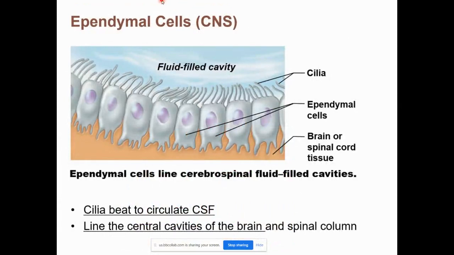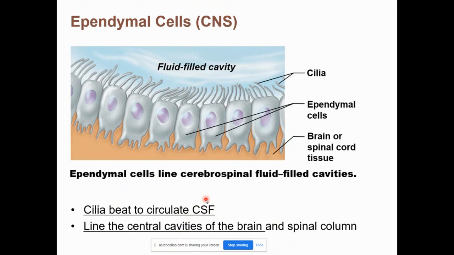The ependymal cells, we find them in the ventricles of our brain. So they have cilia, which helps move the cerebrospinal fluid, right? And next chapter, which is Unit 4, will cover what cerebrospinal fluid is, but it's fluid that circulates around your brain and spinal cord, and these ependymal cells help that fluid move along.